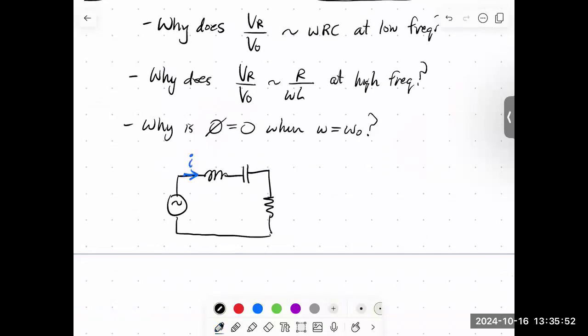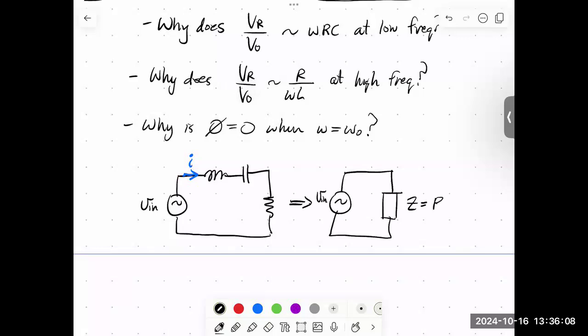And so what we'd like to do now is represent that as our signal generator providing V in, and some total impedance, which for us is going to be the impedance of the resistor plus the impedance of the inductor plus the impedance of the capacitor. Okay, so that's sort of the stuff we know.